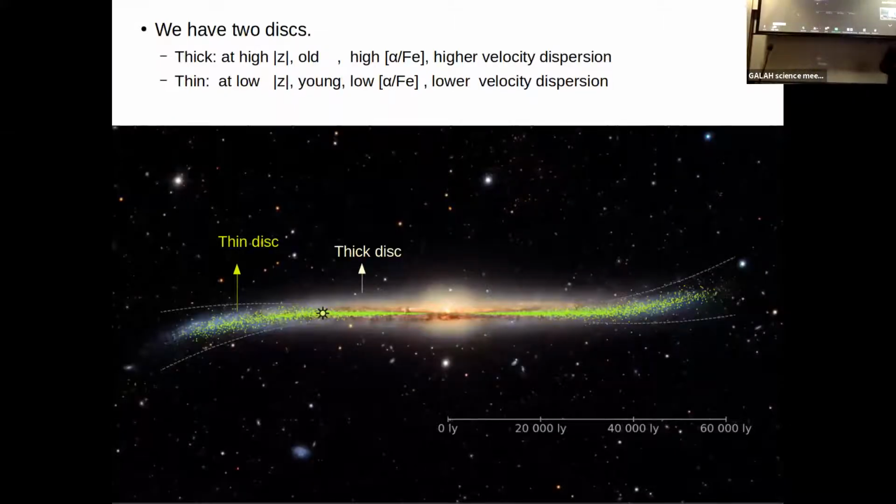Just to remind ourselves, most of the stars in the Milky Way are in a disk, and we know there are two disks, the thin and the thick, which apparently seem to have distinct origins and are separate from each other. The thick disk is older, lies high above the plane, and has a higher velocity dispersion.